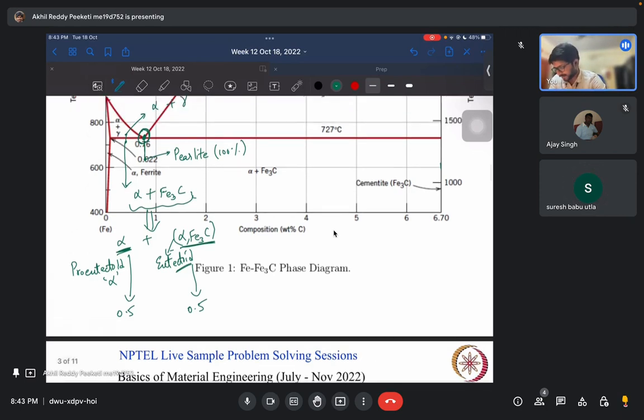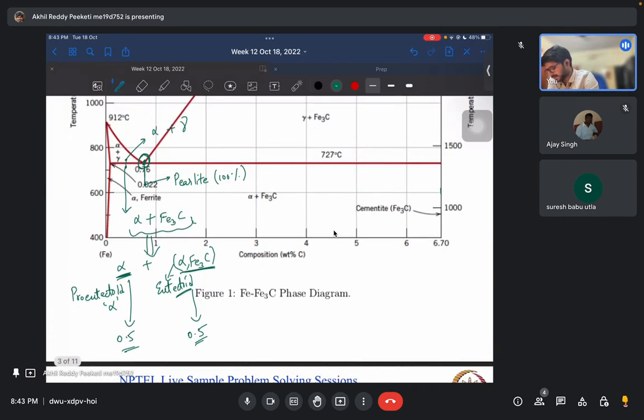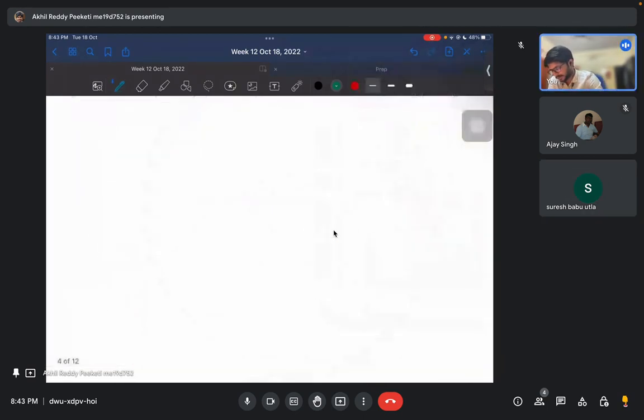So when will that happen? At which carbon percentage, just above the eutectoid point, if you cool down, will you get equal fractions of primary alpha and pearlite? Can you tell? So let's see.